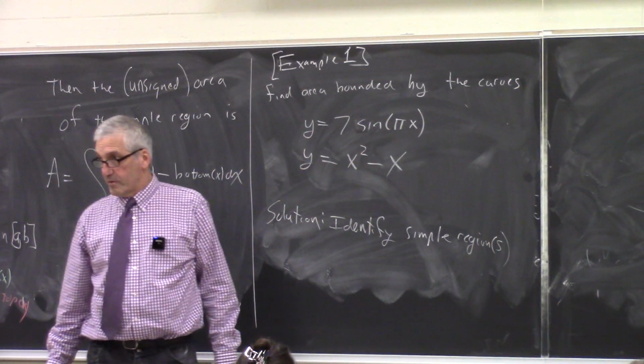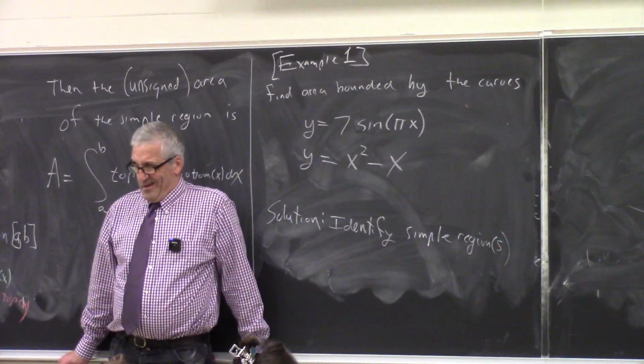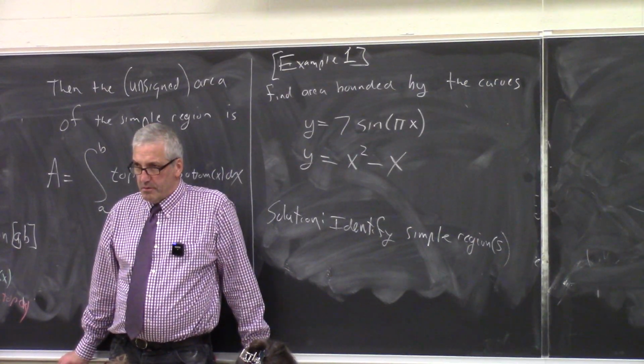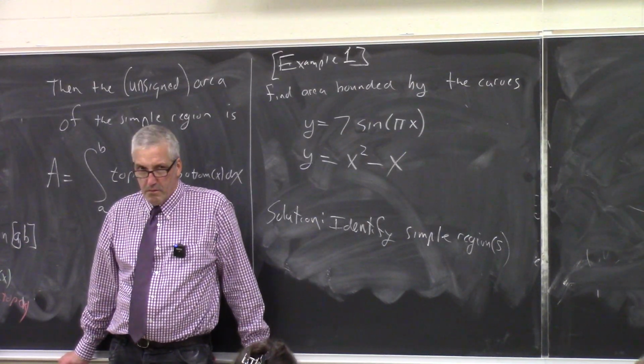Maybe there's more than one simple region. We'll have to add up a couple of areas. Well, so how do we do this? How do we figure out the simple regions?